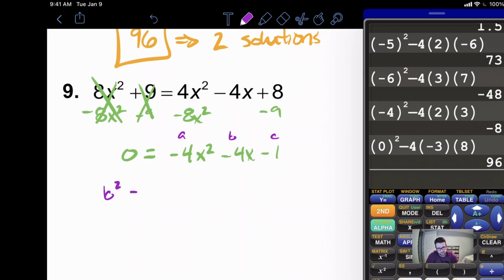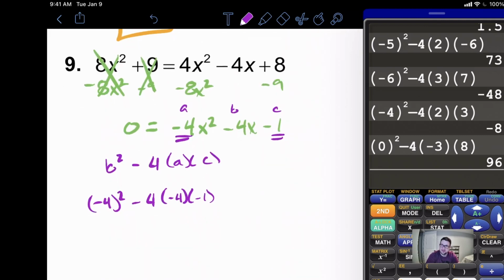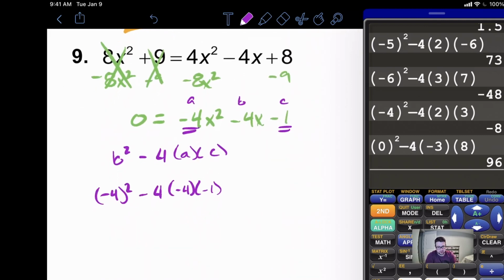So B squared minus 4 times A times C. Our B in this problem is negative 4. So we're going to use our parentheses, square it, minus 4 times A. A was also negative 4 times C, which was negative 1. Now, a lot of negatives in there, so we want to be careful we enter this all in right.